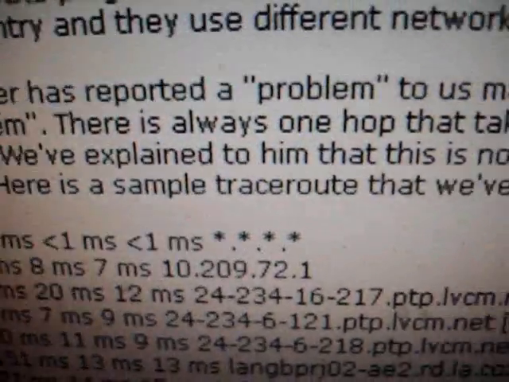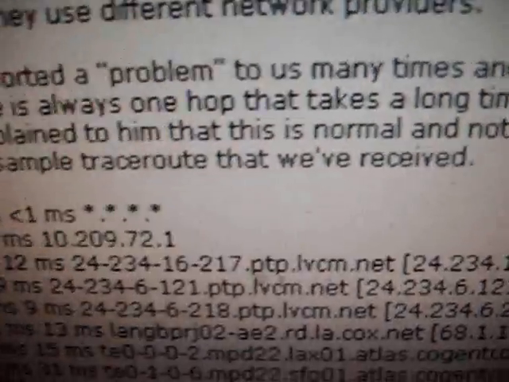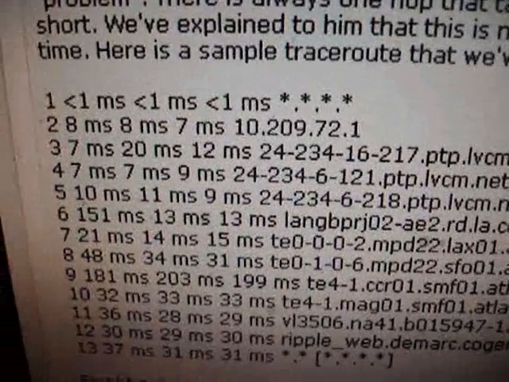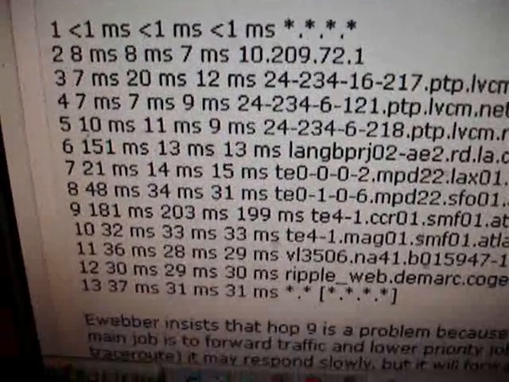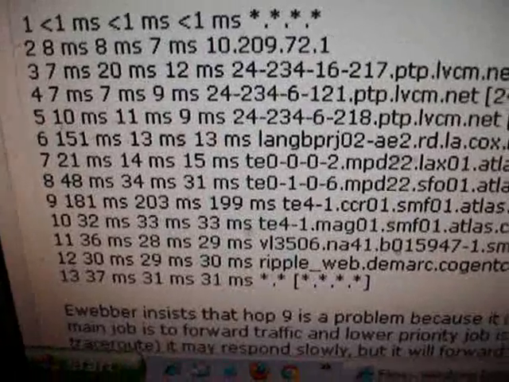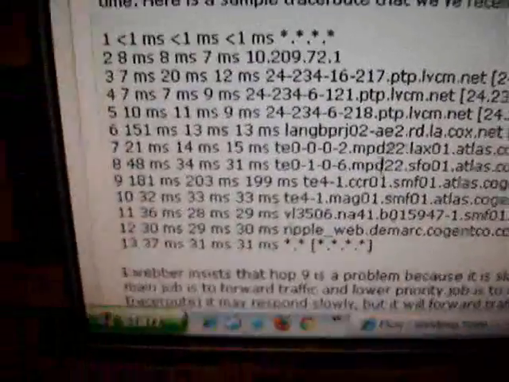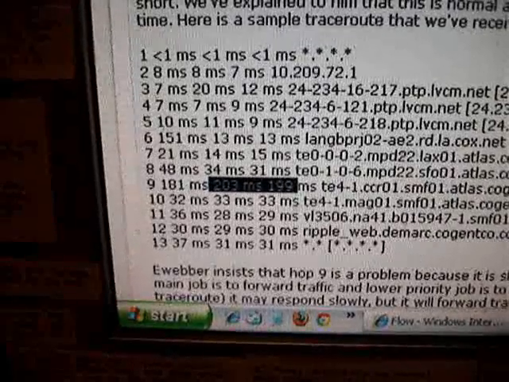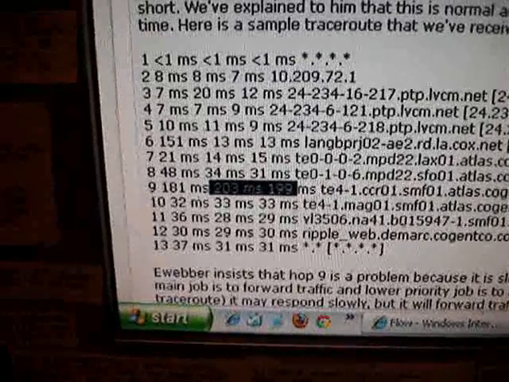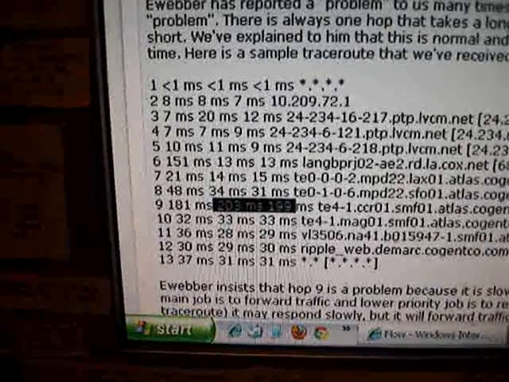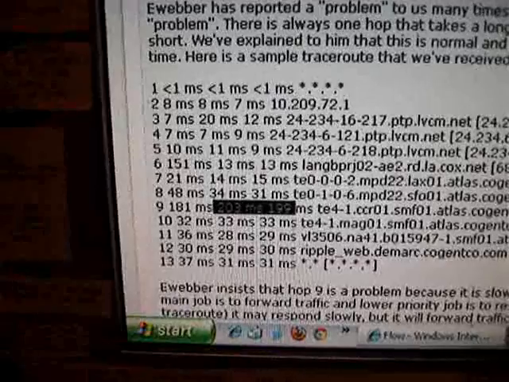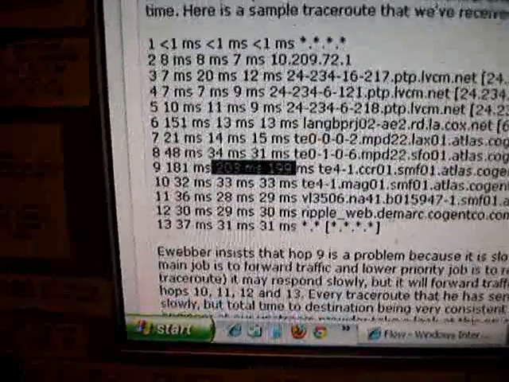Here's a sample traceroute that we've received, and in the sample traceroute it's got a couple of hops down here in 9 that have an issue, but you can see from the ones I've sent that there's some more going on.